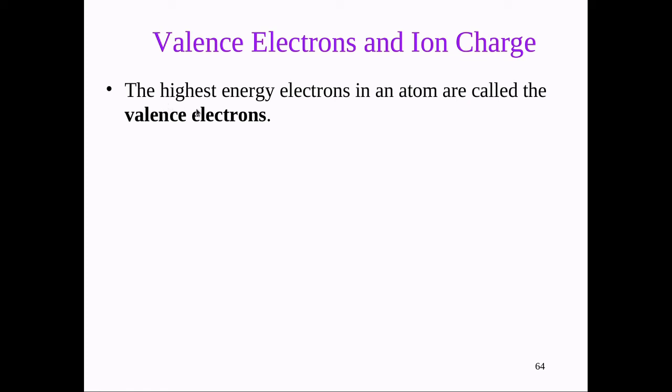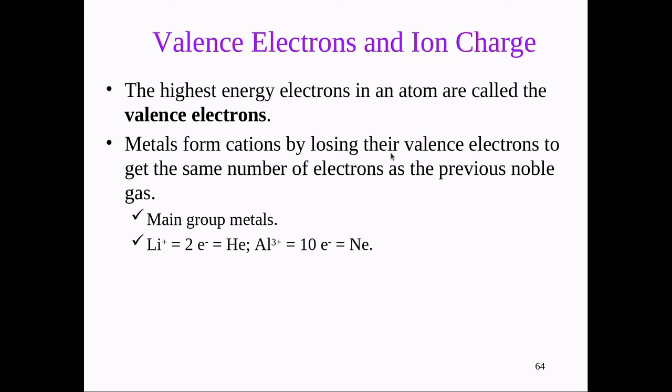So these ones have the greatest probability of being furthest away from the nucleus. That's the potential energy that they have that allows them to be the ones that are going to be picked off, or that's the spot where they're also going to be added to.